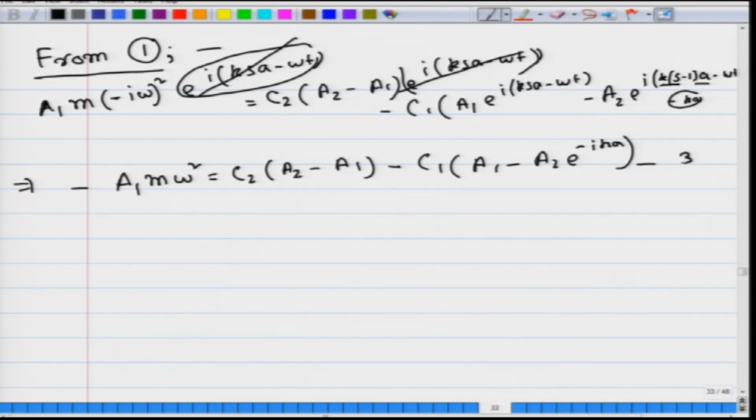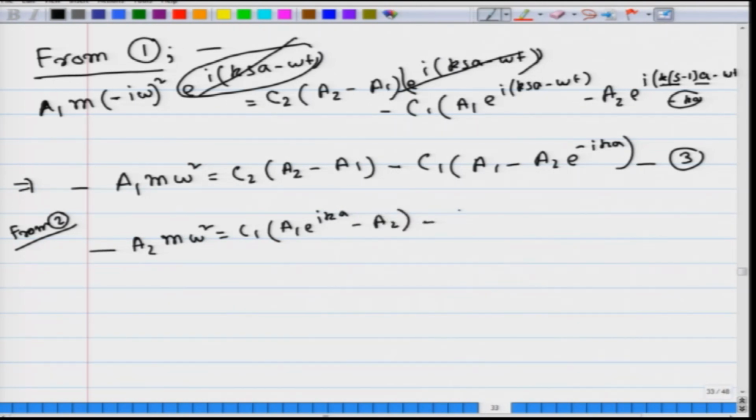So, we take this as 3. Similarly, from 2 we will get, and I am just writing the simplified form, minus A2 m omega squared equals C1 (A1 e to the power i k a minus A2) minus C2 (A2 minus A1). We take this as equation number 4.